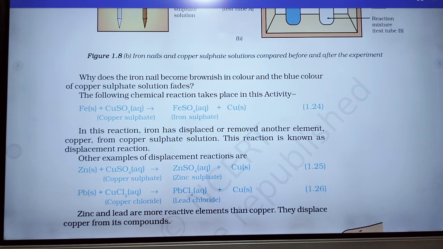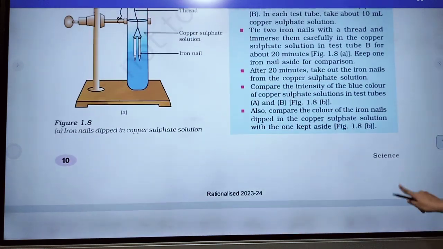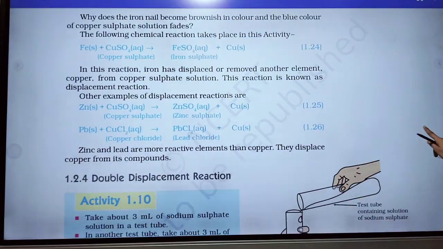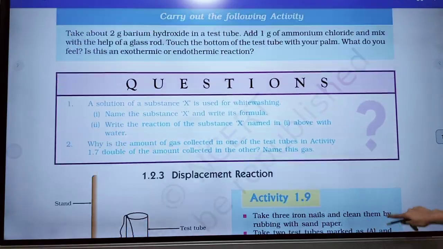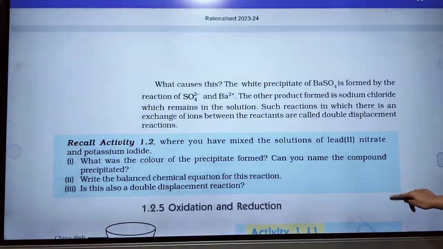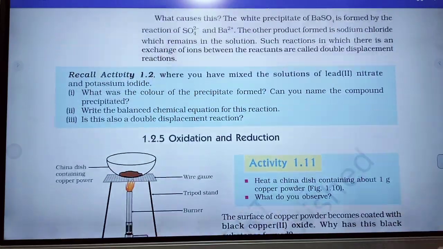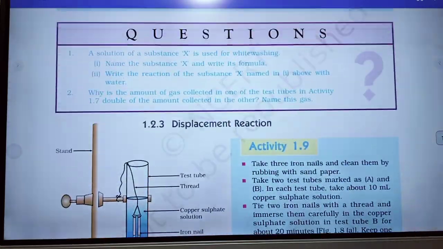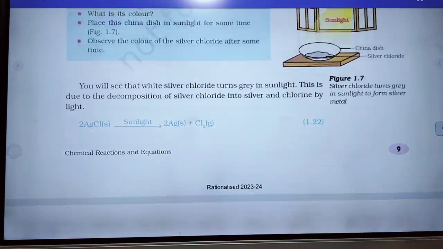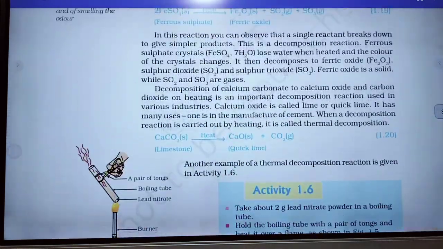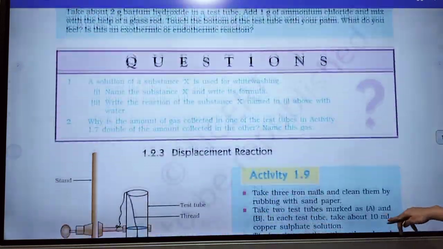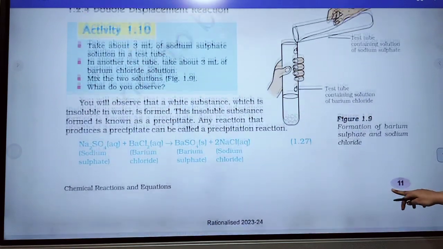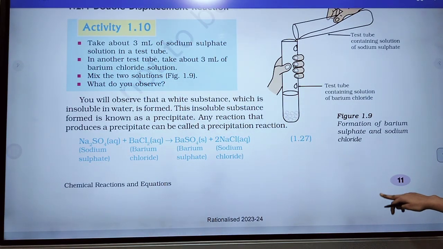Where is double displacement? I think displacement and double displacement are given in a single topic, that is displacement reaction. In this topic two types of reactions are given.